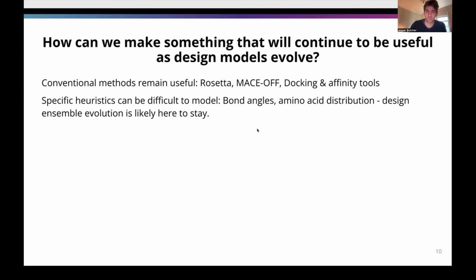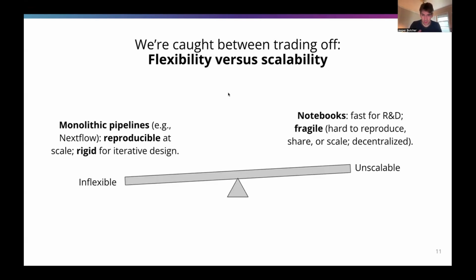To make that process much easier for people, we're caught between this difficulty of unscalable, flexible notebooks here on the right, where we can build very bespoke pipelines but it's very hard to scale them, and in contrast, very inflexible, monolithic pipelines that pre-compile a lot of the resources and the ways of doing things into the repo.